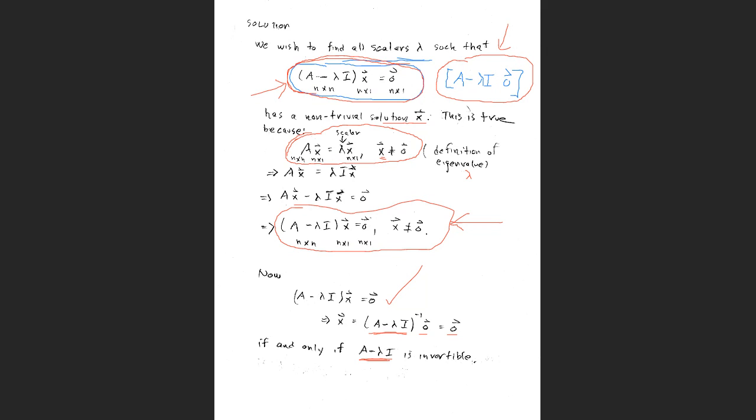Now the question is, do we want A minus lambda I to be invertible? If we're finding eigenvectors, do we want A minus lambda I to be invertible?